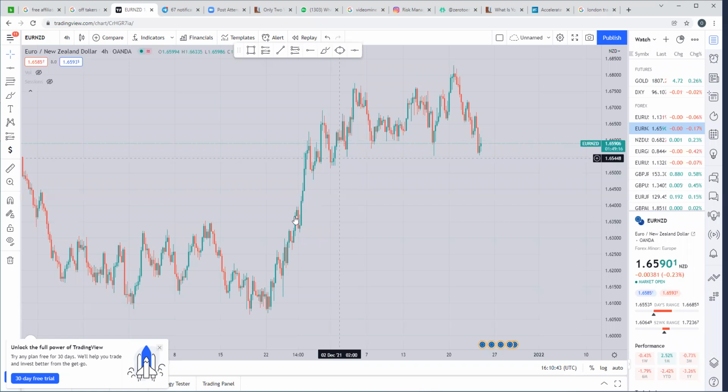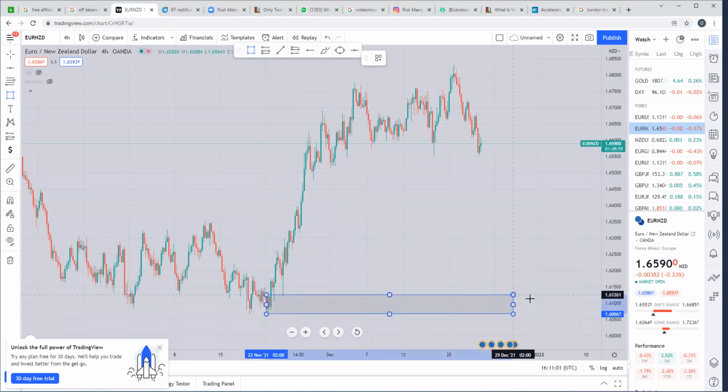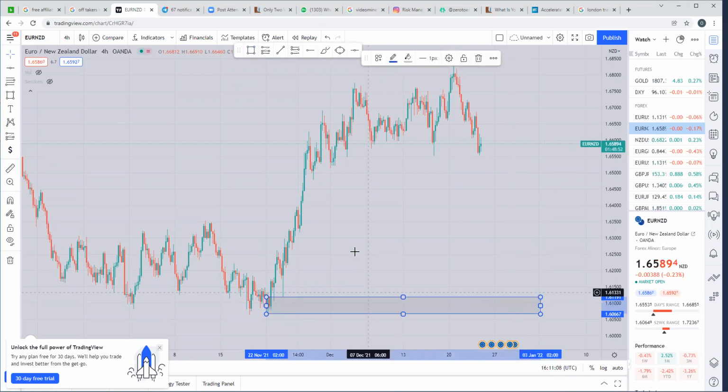But where is the origin of the movement? What sponsored the movement? It was this zone that sponsored this movement. Now just draw this down and go and sleep. Understand? And wait for the market to react in the future.